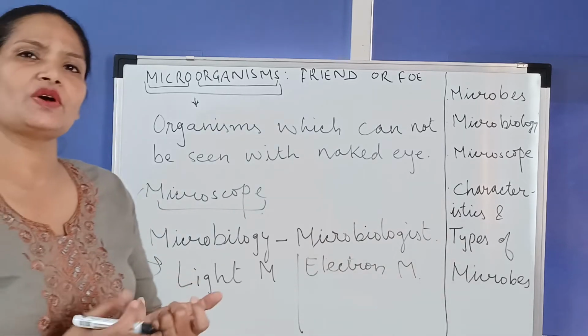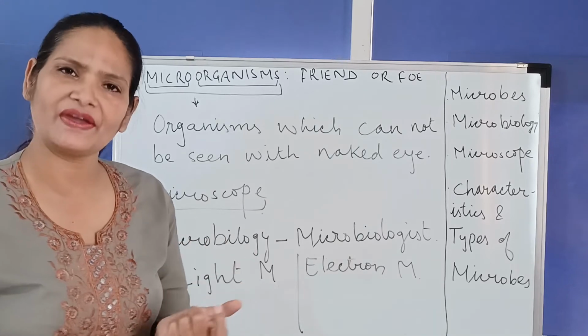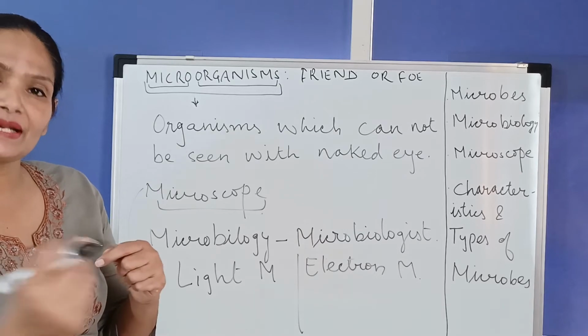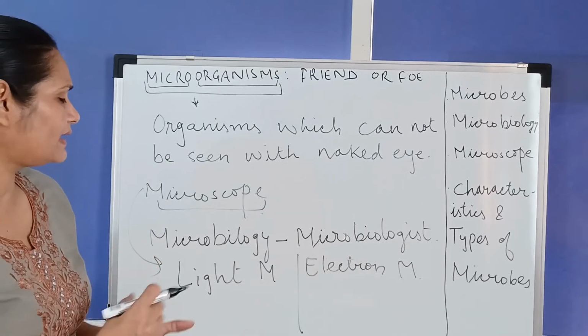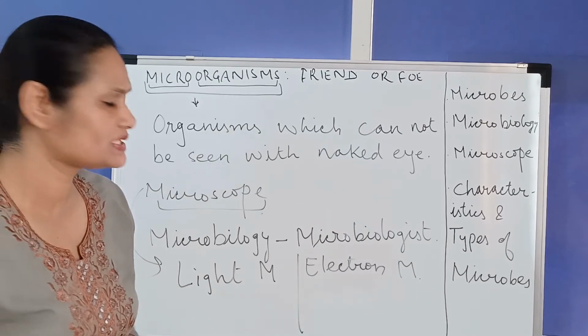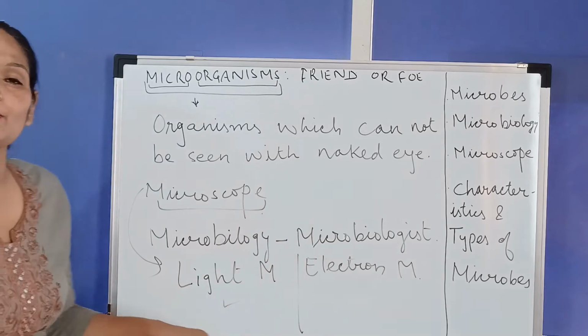When we have to see the object, we use certain lenses, and those lenses magnify the object that we have to study. The light is reflected, and that light illuminates the object and then we are able to see it. So in a light microscope, light is used for illuminating.